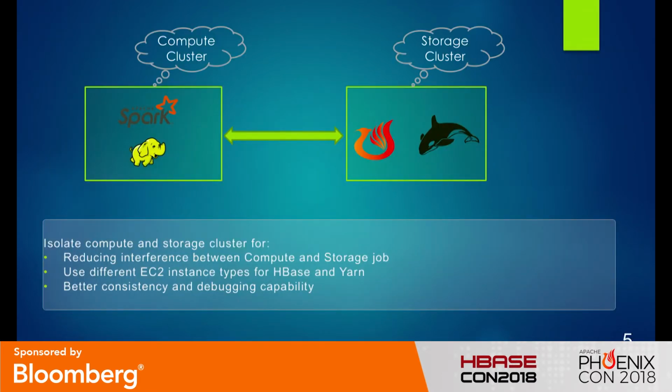There was one huge change that we made when we started our migration from the data center to AWS. In the data center, we had one production cluster that was running Spark, MapReduce, and HBase.